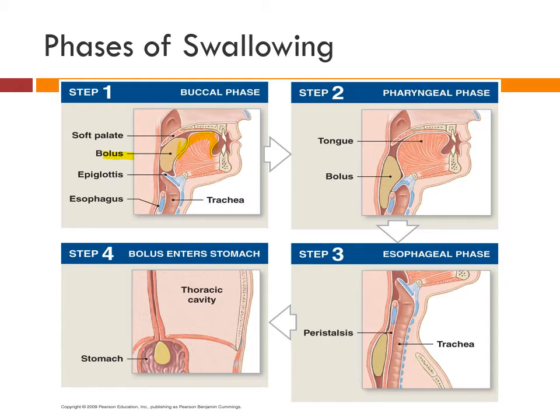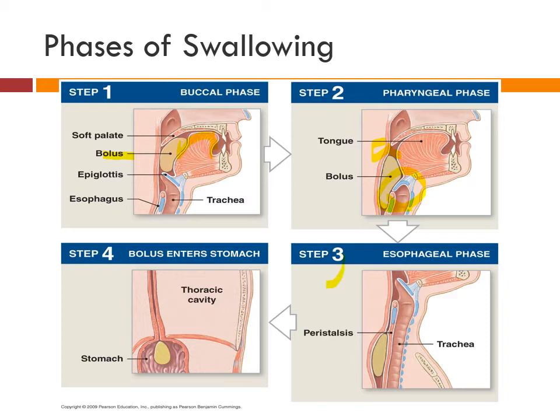In step 2, it begins at the palatal arches, and it's with elevation of the larynx that folds the epiglottis over the glottis to protect the trachea, and the uvula is going to come up and block off passage to the nasopharynx so you don't end up getting food or drinks up into your nose. That's very uncomfortable.